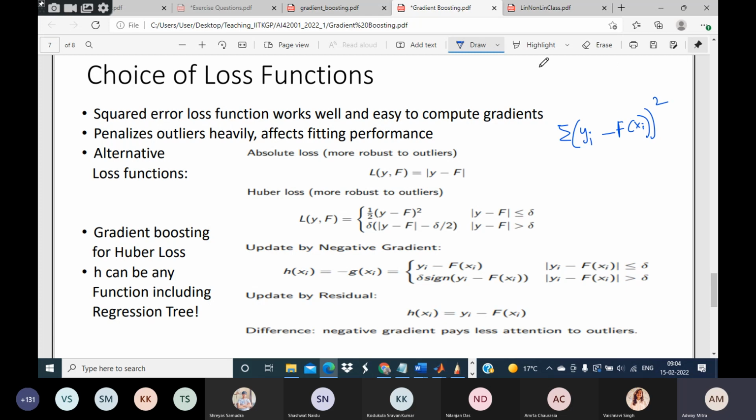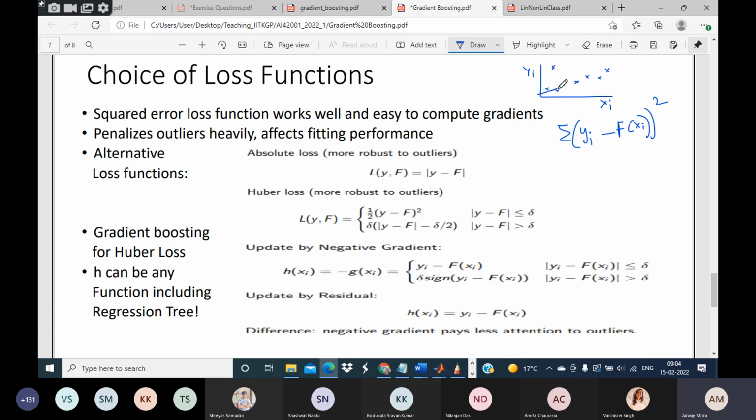For example, in a one dimensional case, suppose I plot x_i like this and y_i like this, and for most points the labels are like this, so you can see a linear relation between x_i and y_i. Now there may be a point like this, and this point is basically an outlier.